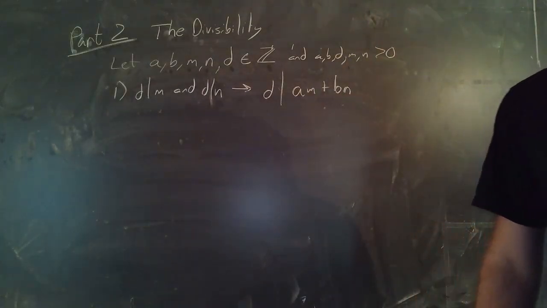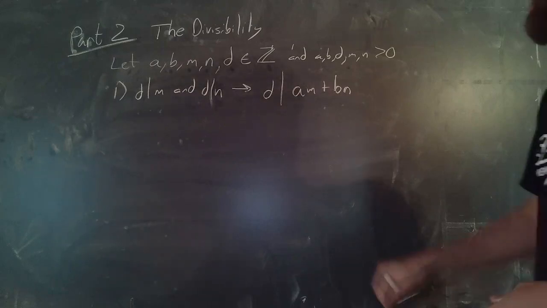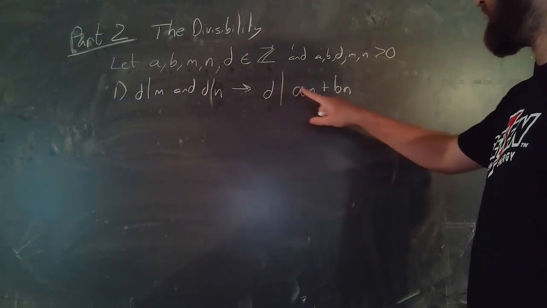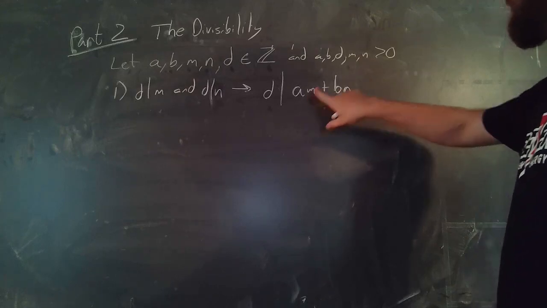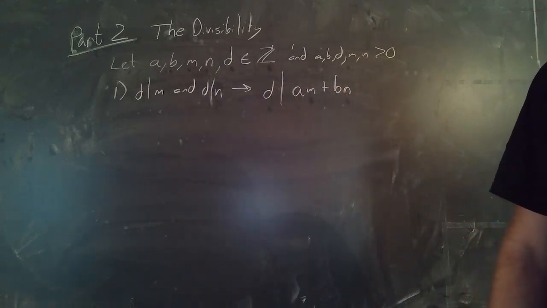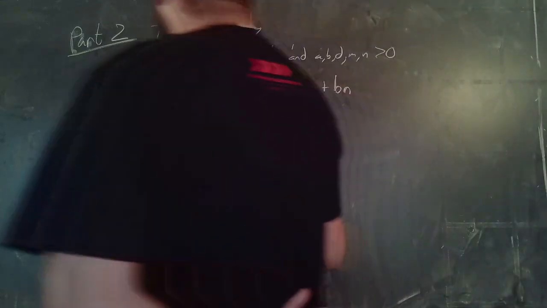There's a couple of things happening here. First of all, notice that we have an assumption that our integer d already divides m and n, and so that means that the integer d will have to divide the linear combination of a scale multiple of m and a scale multiple of n, where a and b are the scale factors. The proof is given as follows.